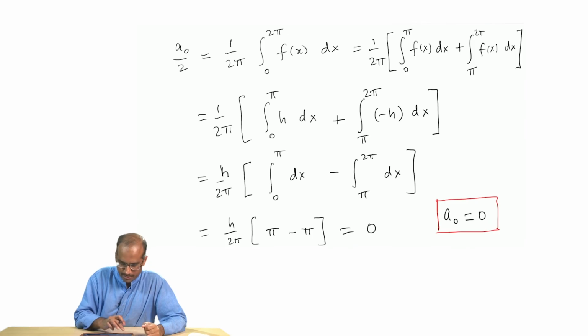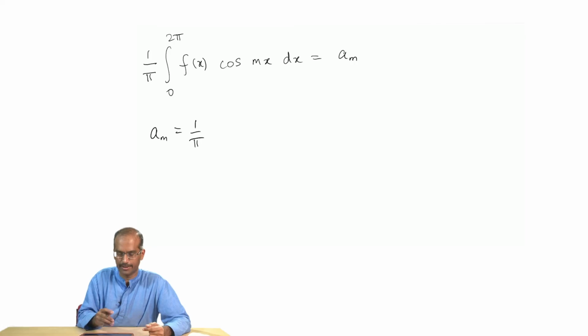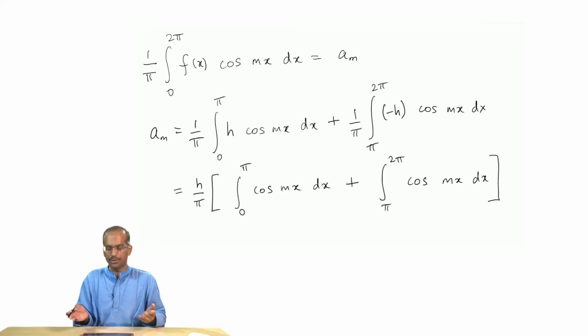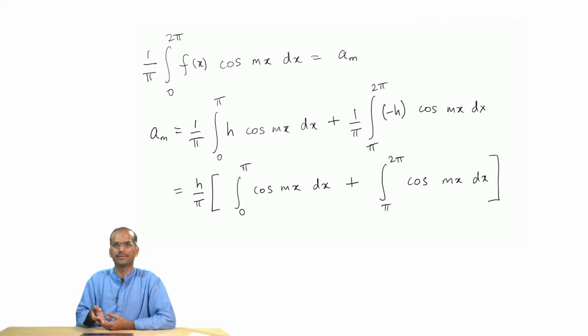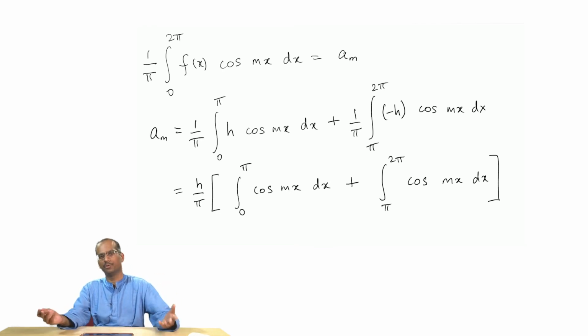So, this is something we expected based on just looking at the function. Now, let us calculate the Am for values of m other than 0. To find Am, again we do the same technique of splitting the integral between 0 and pi. It is easy to do this integral. Both the integrals will give you a sine function, and the sine function is 0 at every limit of this integral, at 0, at pi and at 2 pi.